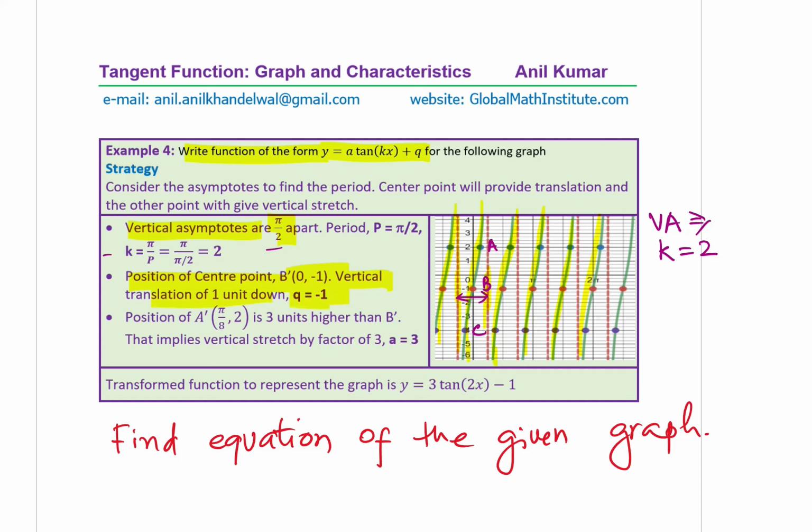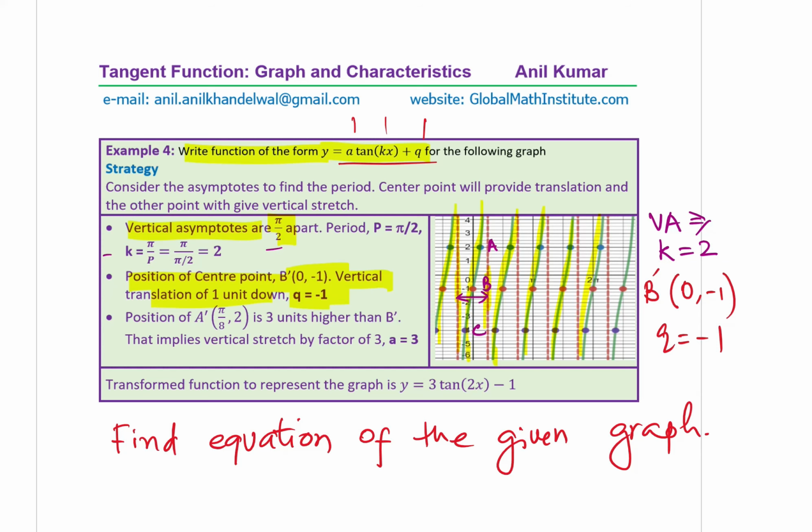So the q value is minus 1. You get the idea. So the point B dash, which in this case is 0, minus 1, indicates that q is minus 1 for the given function, which is a tan kx plus q. So we got the value of k, we got the value of q.